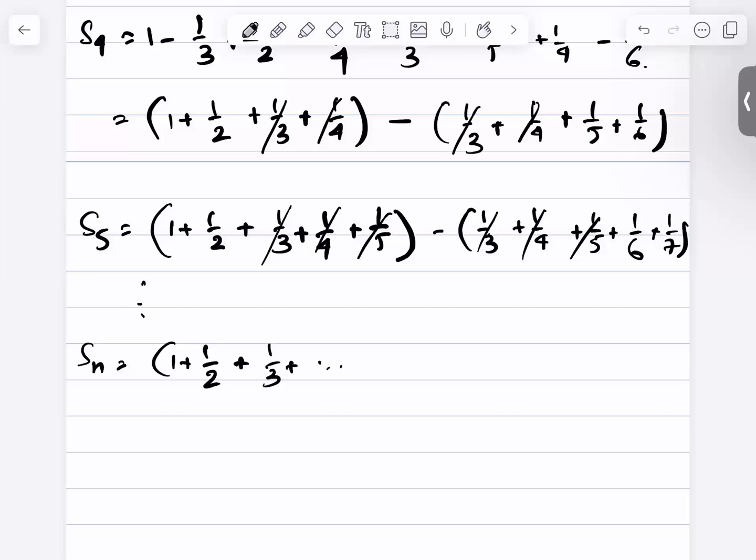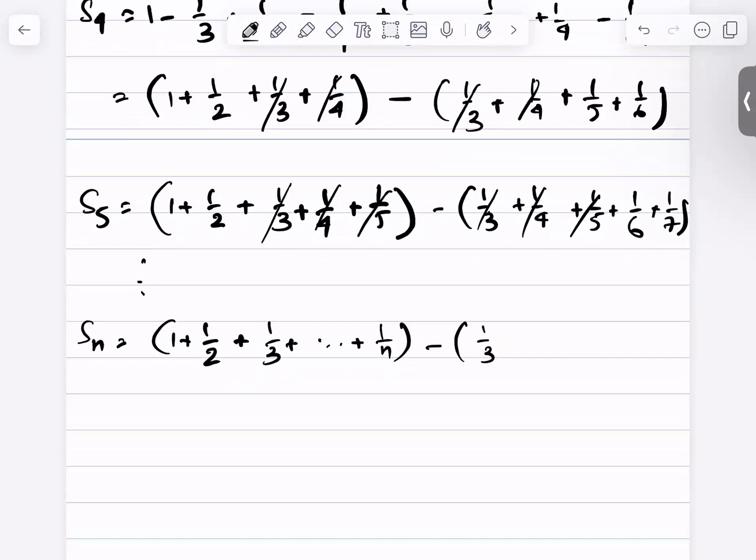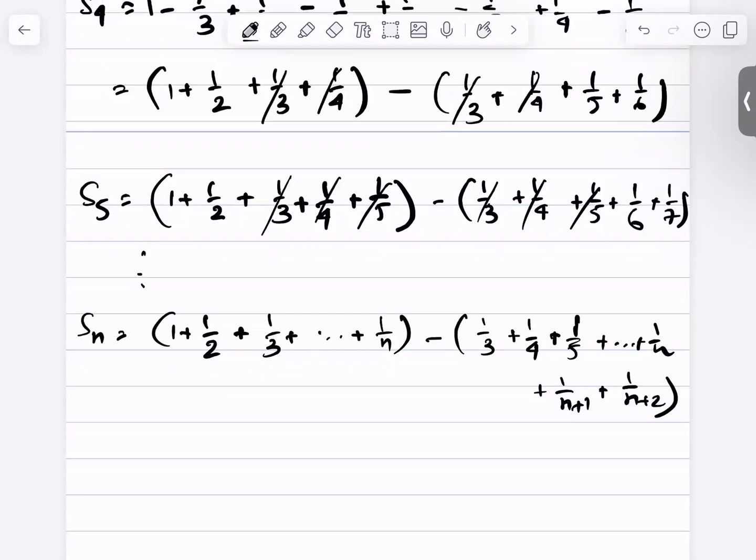So therefore, for the nth term or the nth partial sum sequence, this will be like this: 1 over n plus 1 over n plus 1 plus 1 over n plus 2. Okay, exactly the same sort of pattern is going on.